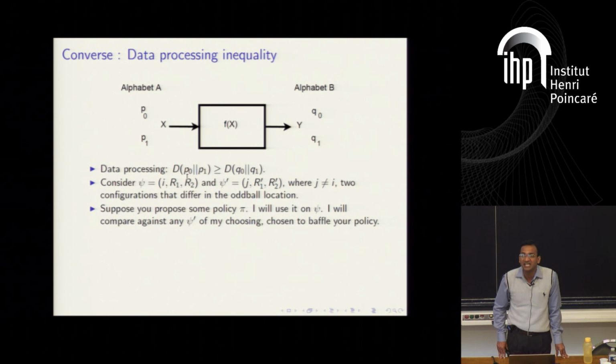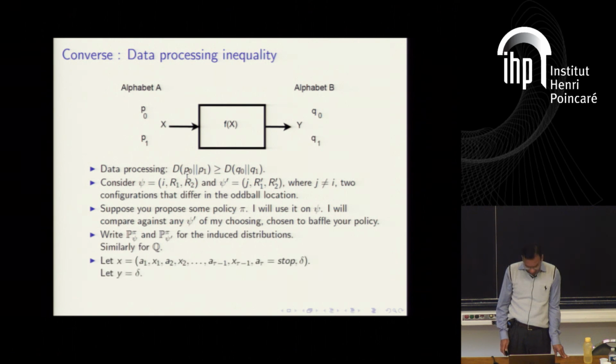How long you take to distinguish between psi and psi prime determines the time you take, and I'll choose the worst possible psi prime for your psi, and that will determine the expected time. So it's all data processing inequality to get the lower bound and nothing else.